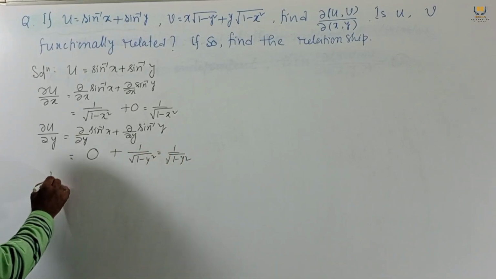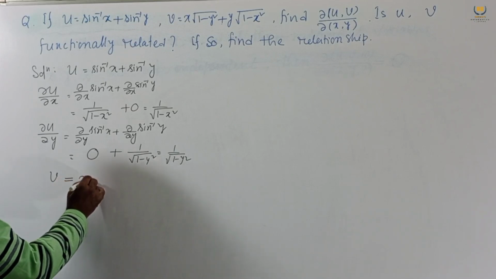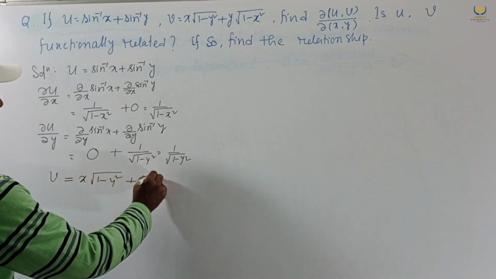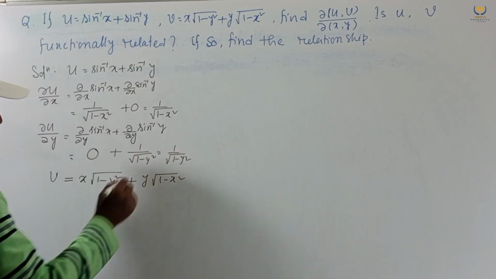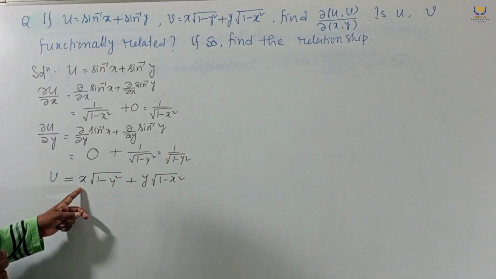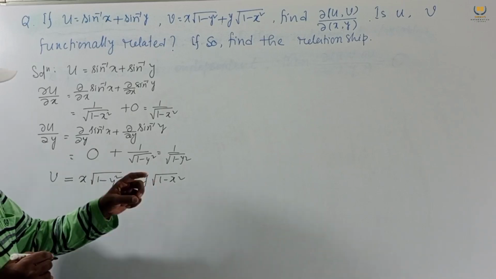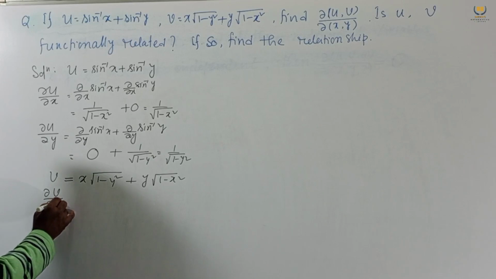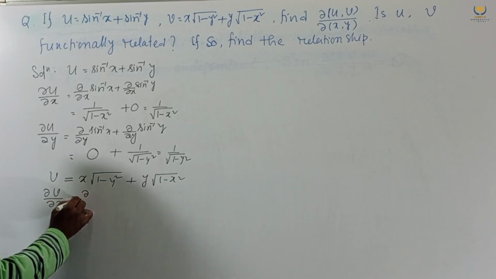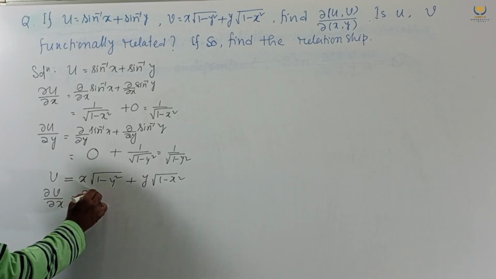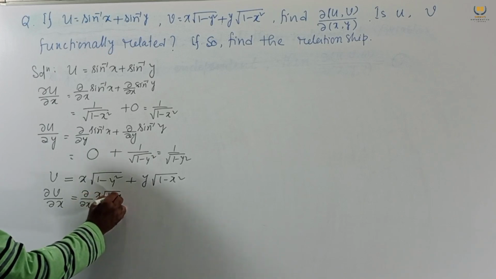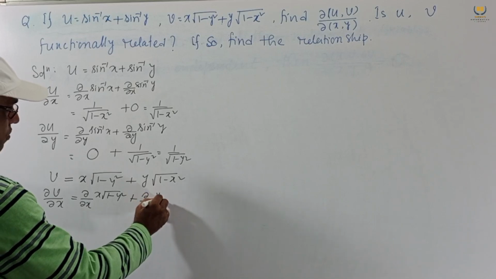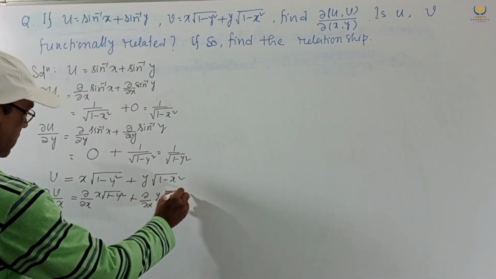Next we consider v. v equals x root over 1 minus y square plus y root over 1 minus x square. Now we have to find ∂v/∂x, which is ∂/∂x of x root over 1 minus y square plus ∂/∂x of y root over 1 minus x square.